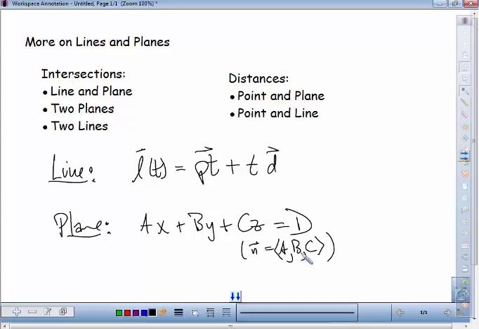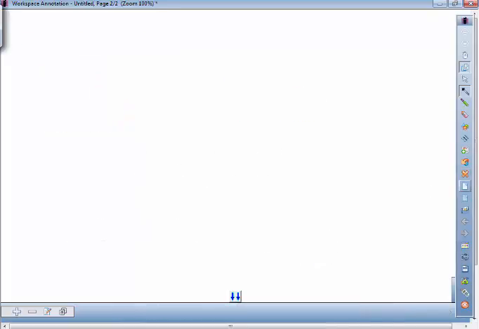All right, so if I give you an equation of a line and an equation of a plane, there are two possible things that can happen. One, they'll intersect, or two, they won't intersect. So let's examine a line and a plane.